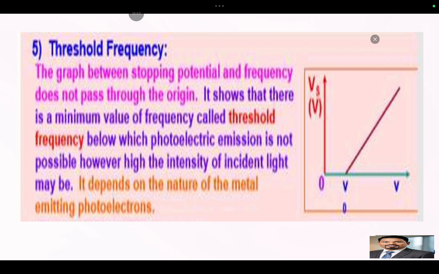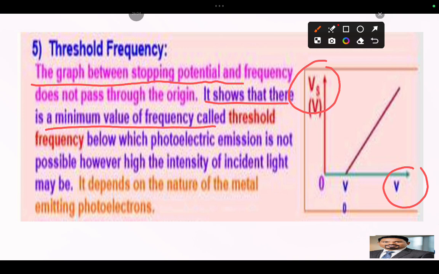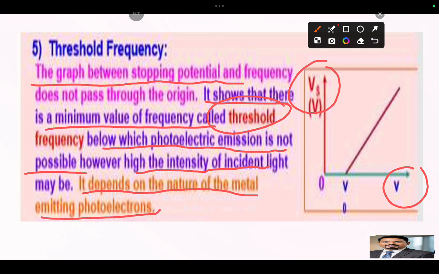And finally, threshold frequency, the graph between stopping potential and frequency. It shows that there is a minimum value of frequency called the threshold frequency, below which photoelectric emission is not possible, however high the intensity of incident light may be. It depends on the nature of the metal emitting photoelectrons.